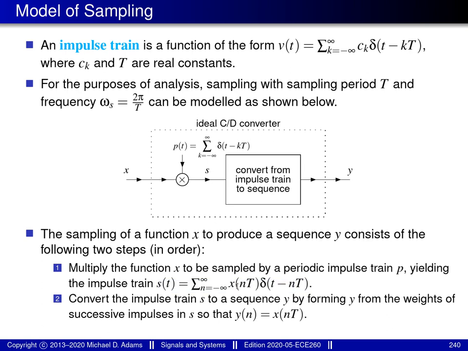In other words, we have an impulse train where the weights are given by the function x sampled at equally spaced points, which are spaced by capital T. Then in the second step, we're converting the impulse train s to a sequence y by forming y from the weights of successive impulses in s. In other words, we're extracting the weights that appear in the formula for s and using them to form the sequence y.